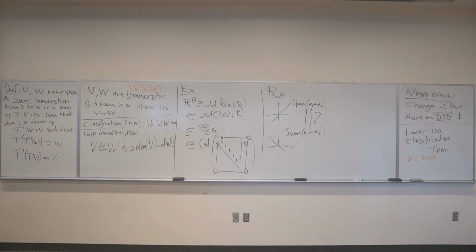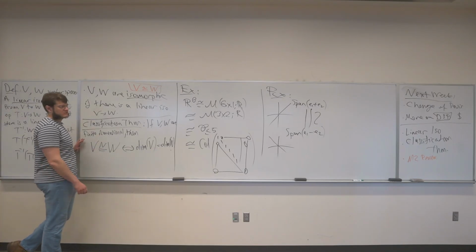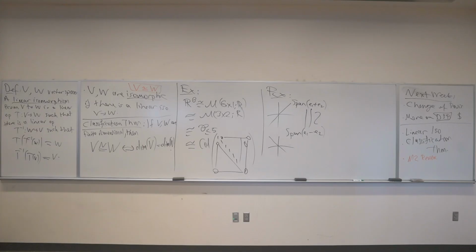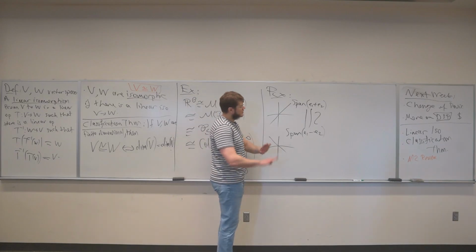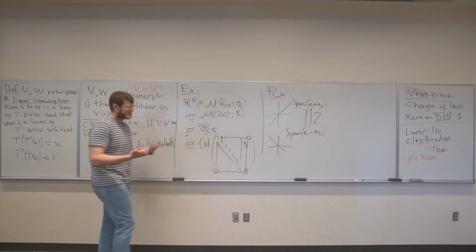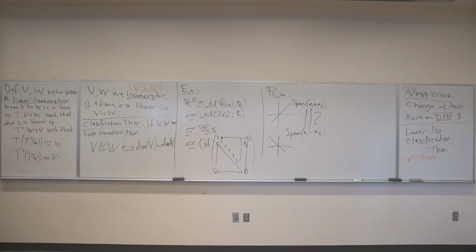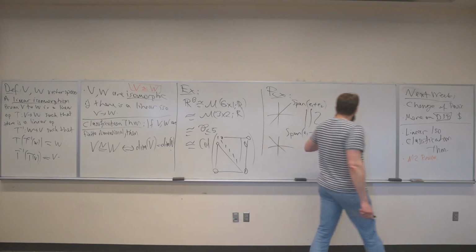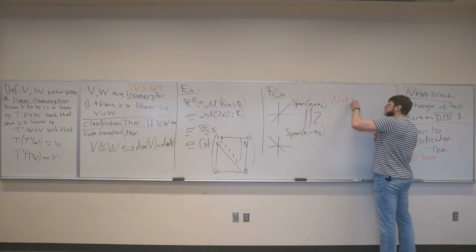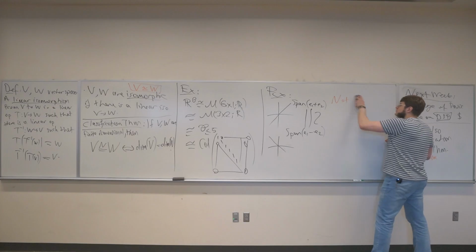So, for instance, in computer science, there's a distinction between type and token. Isomorphism is about the type. Token is a specific instantiation of the type. Technically, these two lines are distinct tokens, but they are the same type, in a sense. So they are not exactly the same spaces, but they are isomorphic spaces.